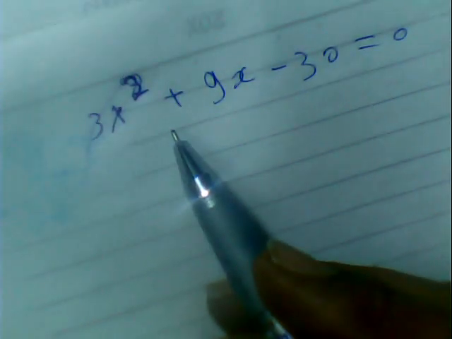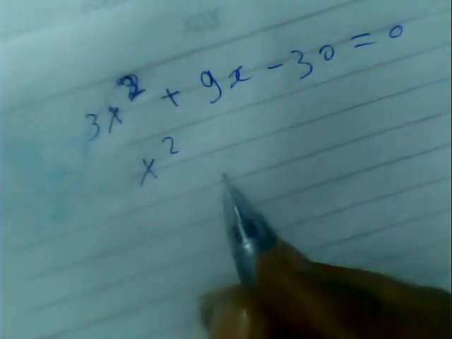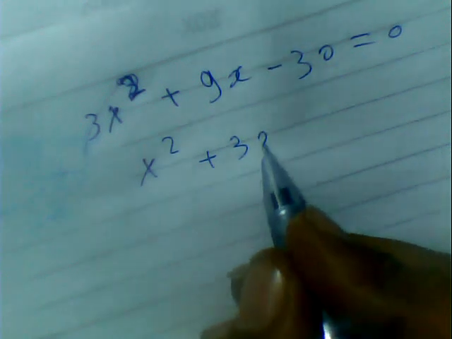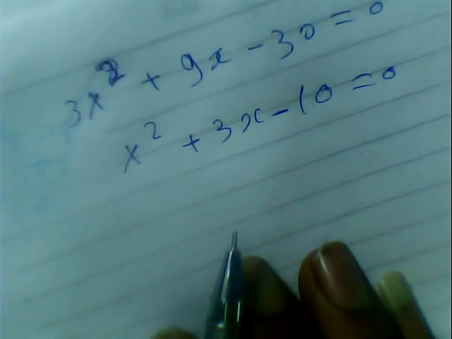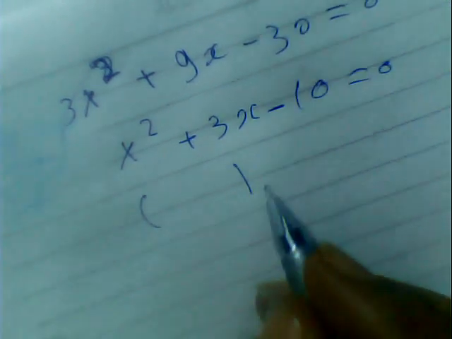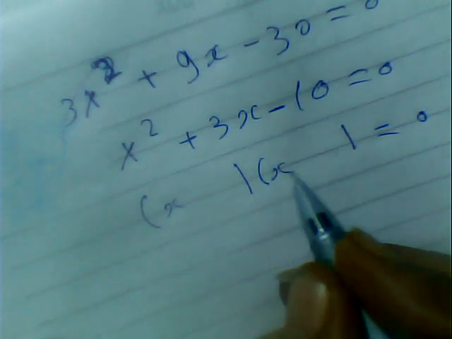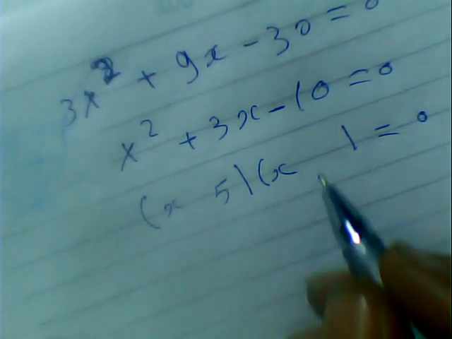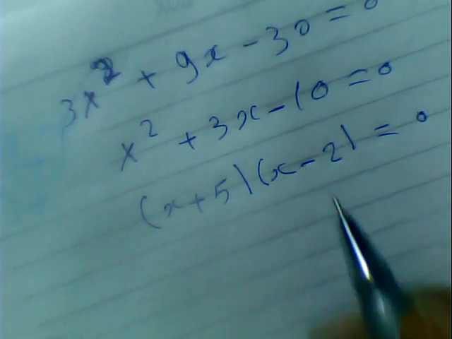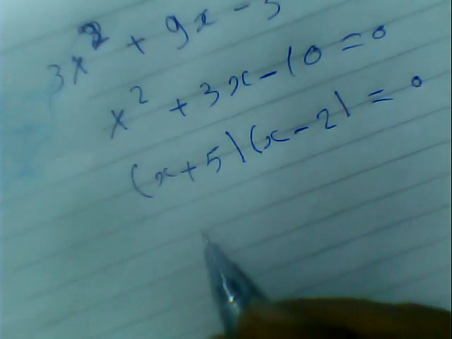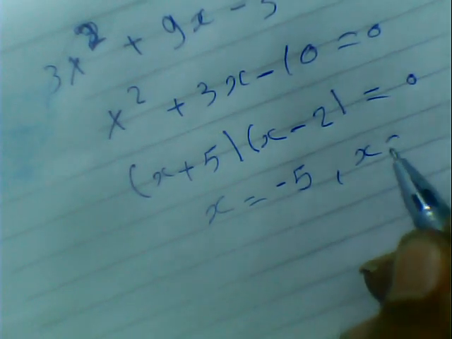We can divide by 3 over 3 over 3, then x square plus 3x minus 10 equals 0. Then factor equals 0: x plus 5, x minus 2, this, and the sign like this. Then x equals minus 5, x equals 2.